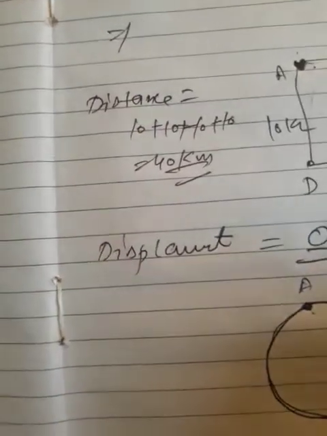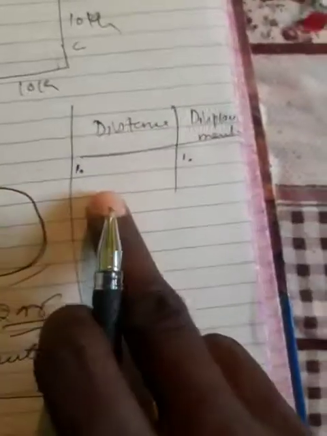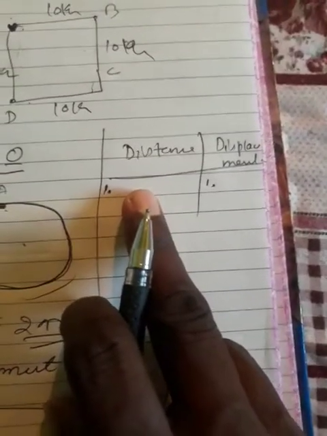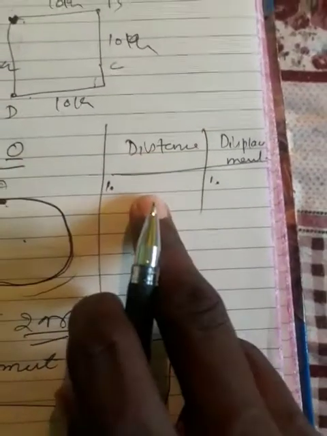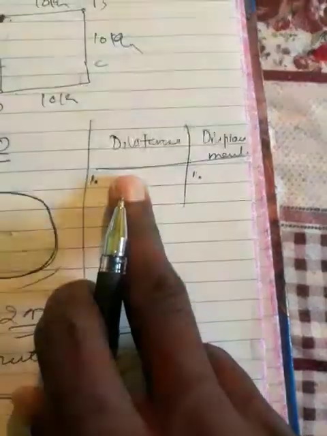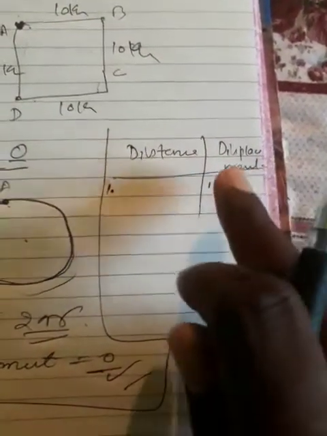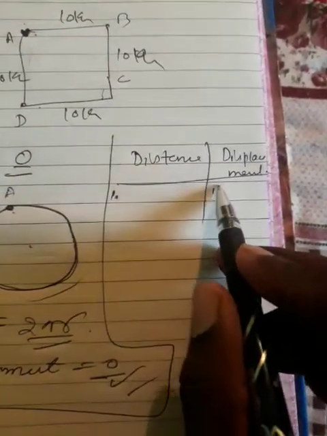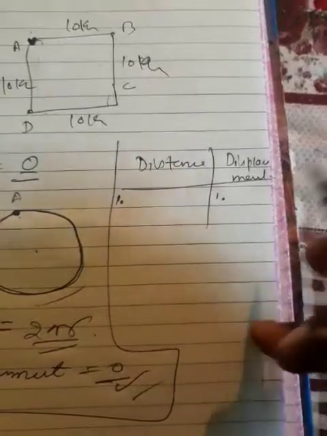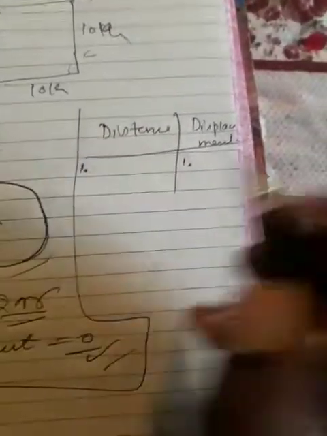Suppose we have to give the differences. In the first point, the actual path length of a moving object is called the distance. Displacement, the shortest distance between the initial and final point of an object, is called the displacement.